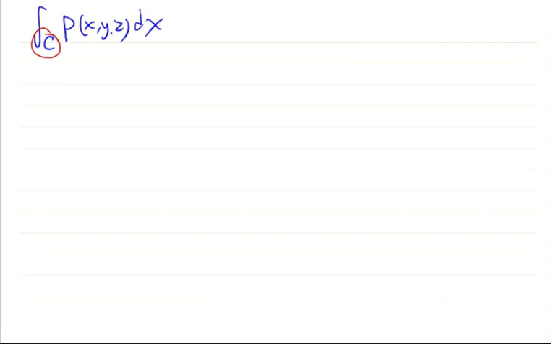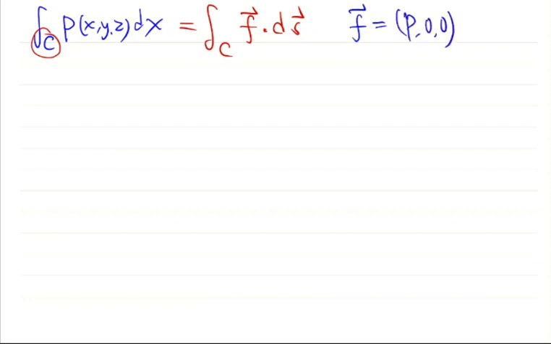So this is a new type of integral, but a special form of the flow integral. You can consider this as the flow integral we just introduced. Here, f is (p, 0, 0), where p is a real-valued function.